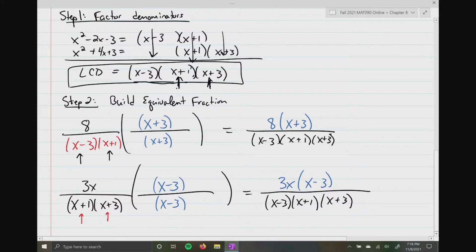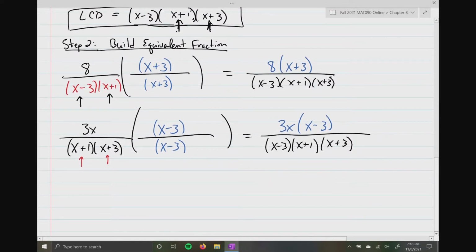So now, step 3 is just to rewrite and simplify.